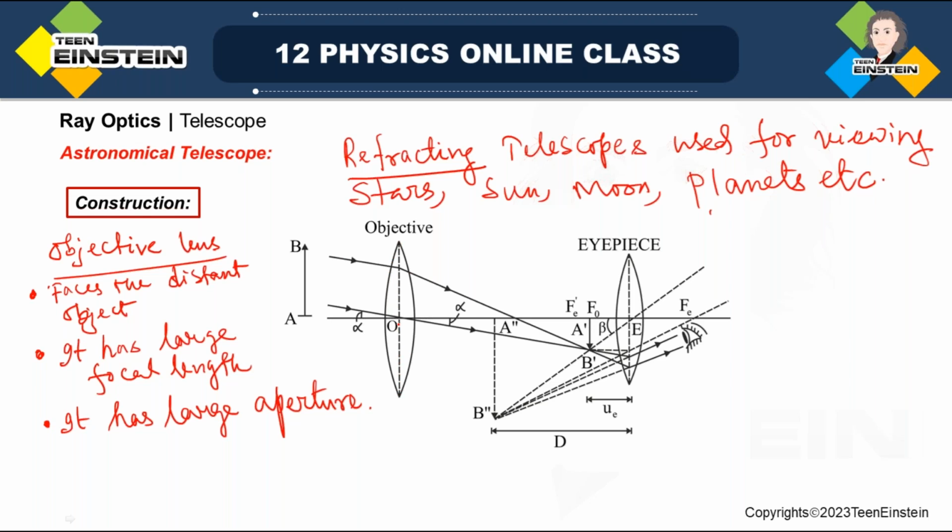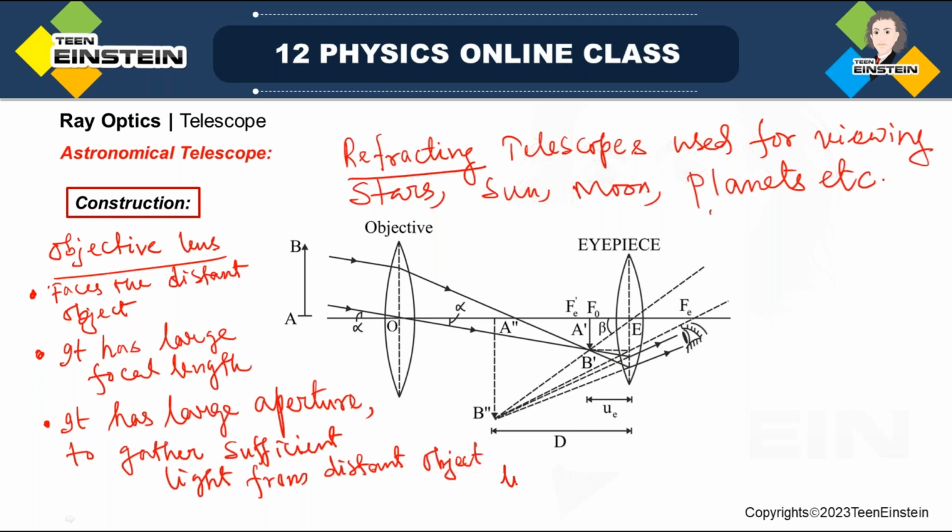So the objective has a large aperture to gather sufficient light from the distant object to have a bright image.